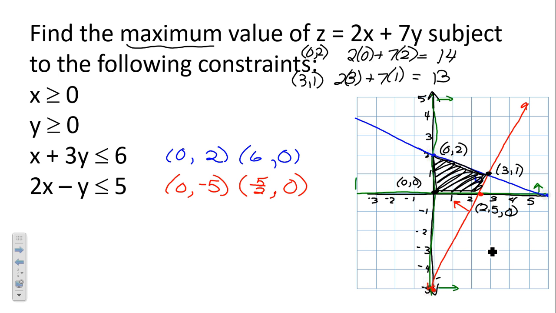We'll plug in 2.5, 0, and 2 times 2.5 plus 7 times 0 gets us 5. And then lastly, we'll plug 0 and 0 in, and 2 times 0 plus 7 times 0 gets us 0, right? Which of them gives us the maximum value?